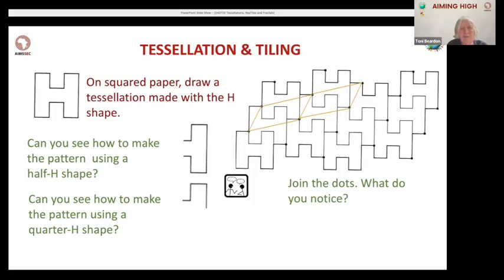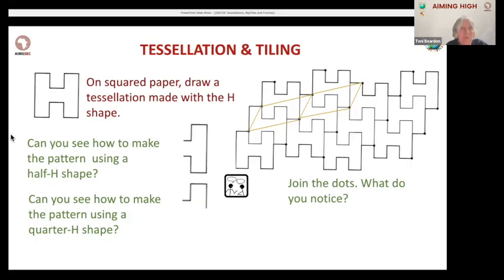But you see, there are three different sorts of pattern made here that look like the H tessellation, but the one that Caroline was talking about with a quarter H has much more. It has reflections in two directions, as well as the translations.